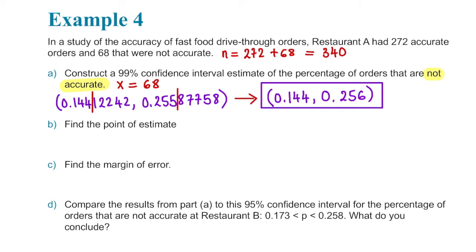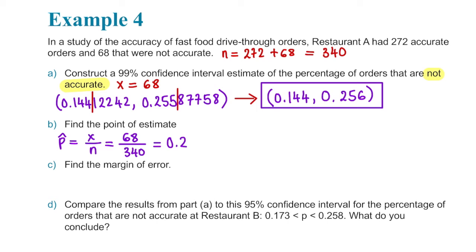B. Find the point estimate. The point estimate for P is P hat. P hat is x over n, which is 68 over 340, which is 0.2.